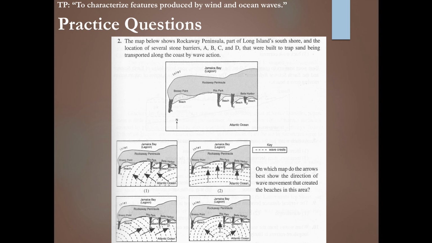In choice 3, the arrows are pointing to the western side of the groin, which is no beach sand there. So the best answer for this question would be choice number 1. The waves would usually point in the direction of where you have your beach deposition, your sand deposition.